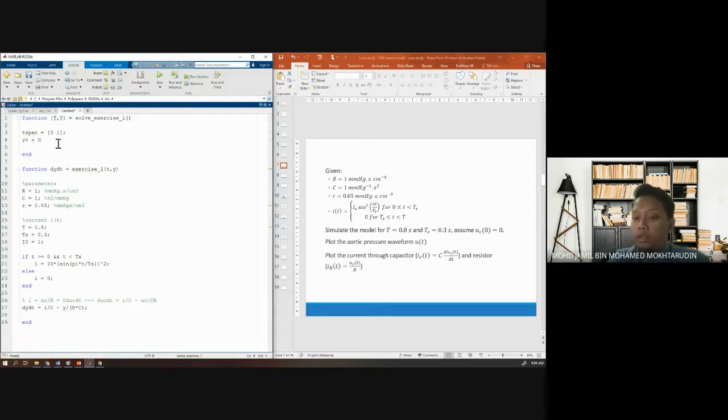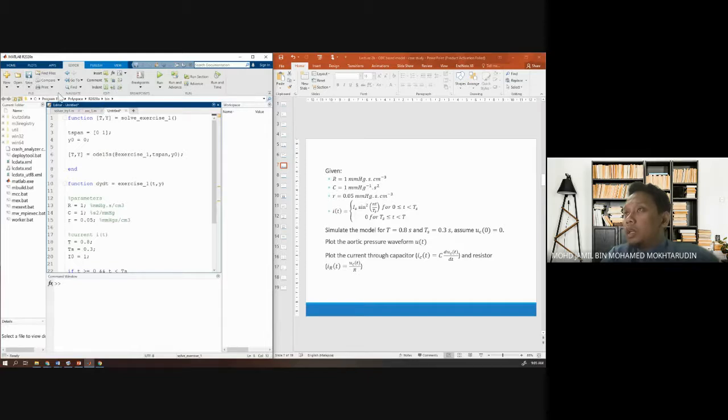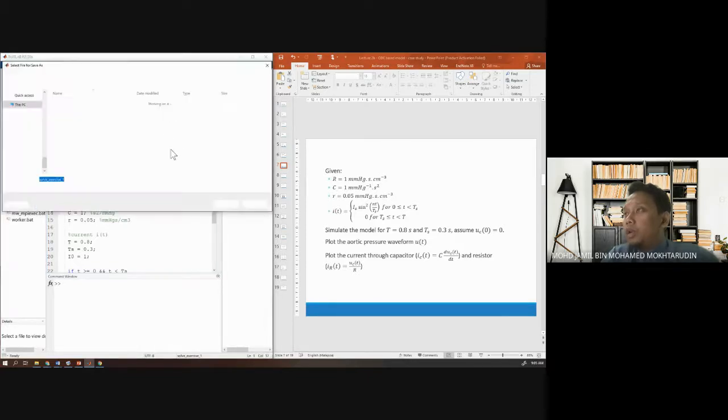So y0 is 0. Then we write ode15s, we call the ODE function, write the time span, and write the initial condition. Make sure you save using the name solve underscore exercise 1.